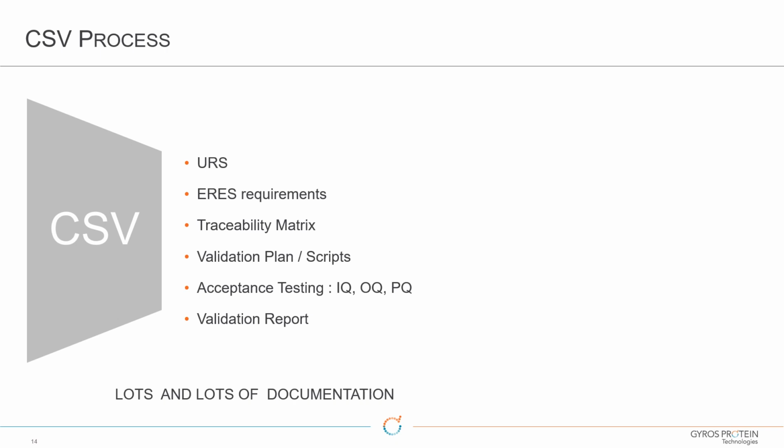Then you come up with a validation plan of how you're going to do your testing, and also your test script, so that's your performance testing. And then you go through the process of actually testing the software, which is IQ, OQ, PQ of the software, and then you summarize that in a validation report, and it generates lots and lots of documentation.